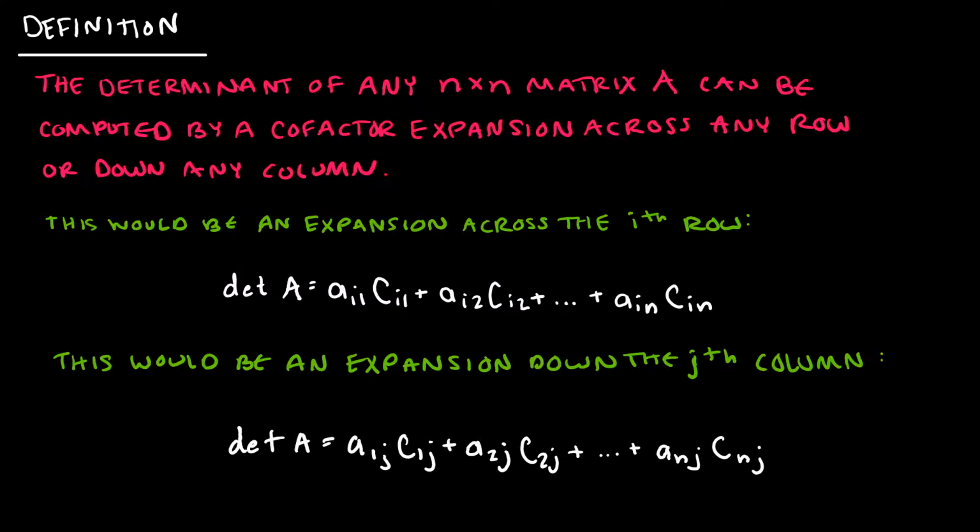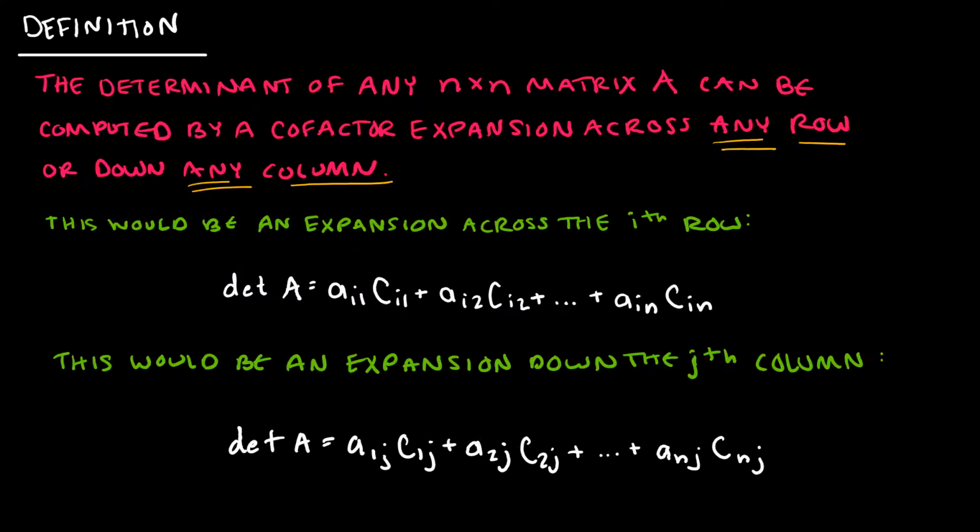So now let's look at the definition. The determinant of any n by n matrix A can be computed by a cofactor expansion across any row or down any column. So we can go across any row or any column. Previously we were just using the first row every single time.